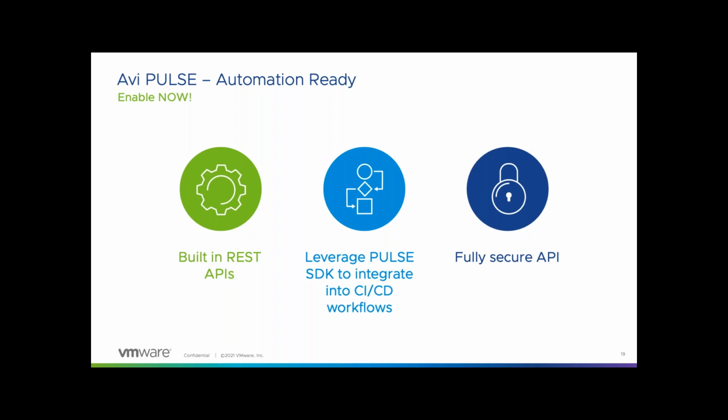The second piece is that Pulse is built with automation in mind, with all services exposed over first-class secure REST APIs. The controllers, when directly integrated with Pulse, would deliver the best experience, of course. However, customers who are unable to register controllers directly with Pulse can leverage the Pulse SDK to rapidly develop Pulse workflows and seamlessly integrate most services into their CI/CD pipelines.